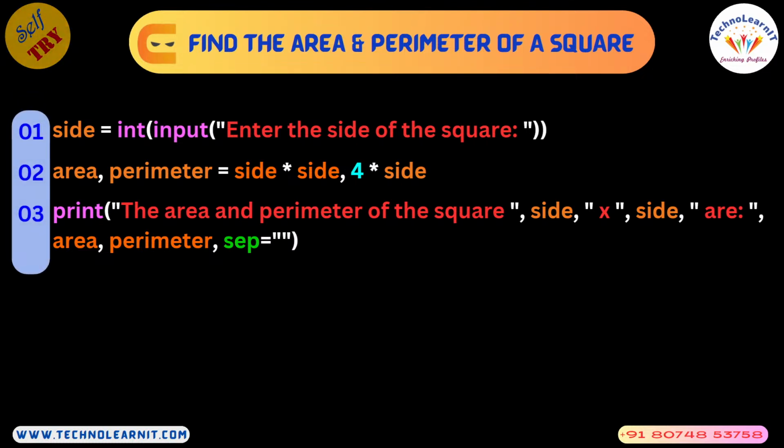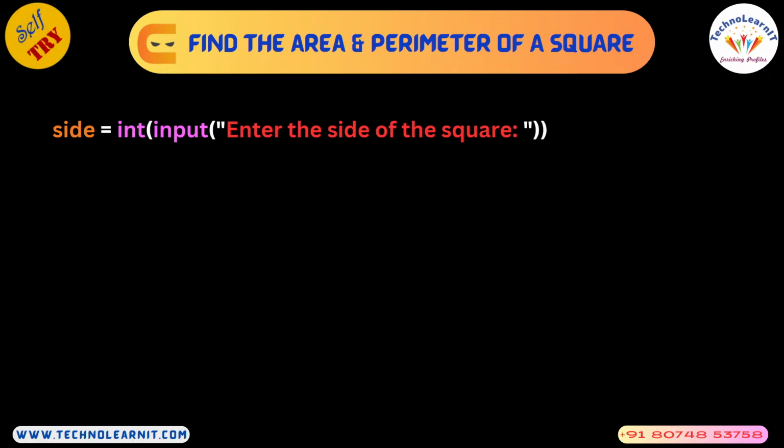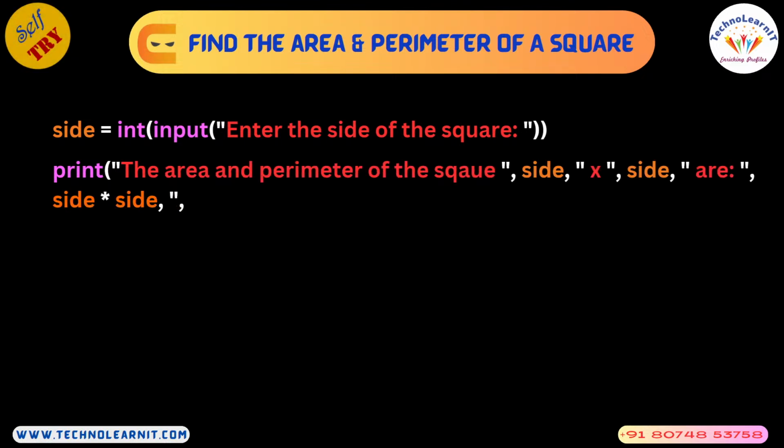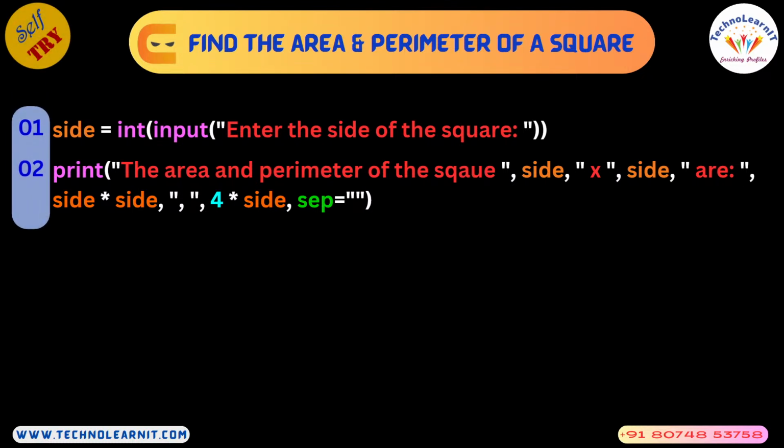If you want to get rid of those variables, you can directly use the print statement and compute the value on the fly when the print statement gets executed. At the time of the print statement getting executed, it will compute side times side and print it. Similarly, it computes 4 times side and prints it.